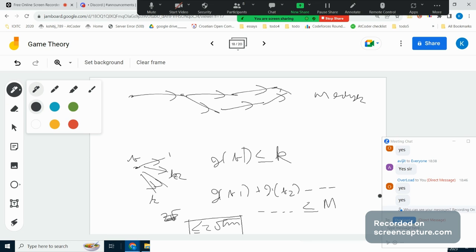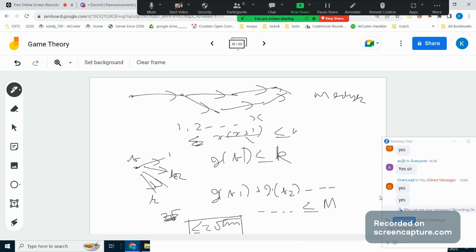Suppose that we want the maximum number of distinct numbers, say 1 to x. Basically, the summation x into x plus 1 by 2 has to be less than or equal to m. If we have at least x plus 1 distinct numbers, say 0 also, then the sum is at least x into x plus 1 by 2, and this has to be less than or equal to m.